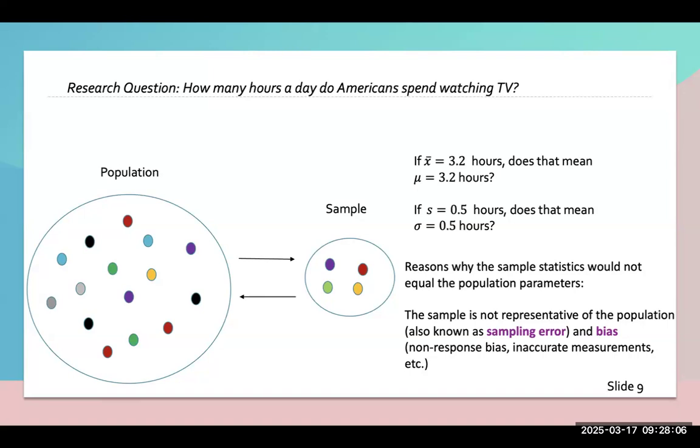Maybe you did some inaccurate measurements, the rounding is off. There could be a multitude of reasons why the statistics don't match the parameters. And any reason is considered bias. You have bias in your measurements and in your sample.